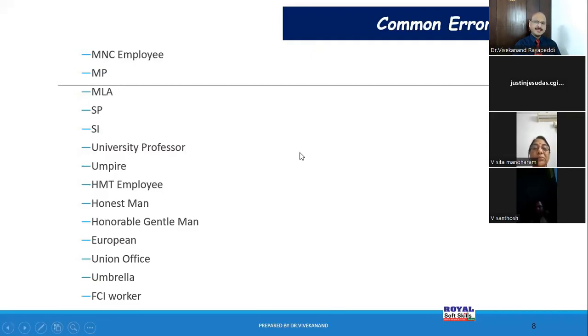It pains me that so many English lecturers, while giving shortcuts for people preparing for competitive examinations, tell them that whenever you come across acronyms like MNC or FCI, blindly put an. Why should we resort to shortcuts when we have got Gyan? When we are clear, we need not feel discomfort.